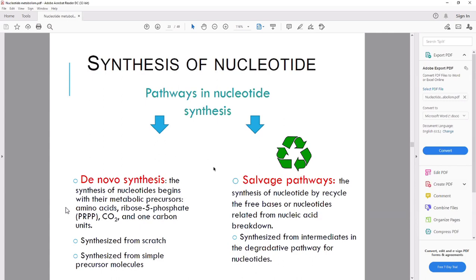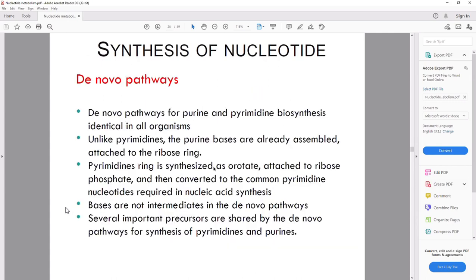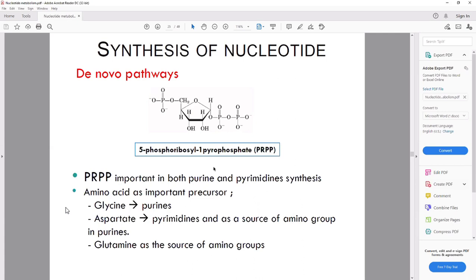I will check later whether it is simultaneous or not. But I think as long as there is a degraded product, it is going to be converted directly to IMP and GMP. It is going to be recycled.